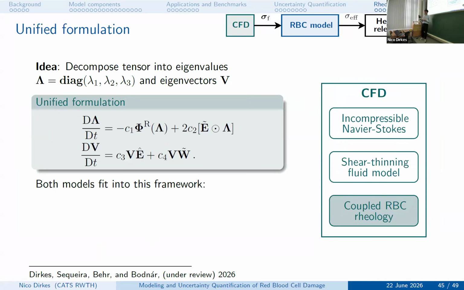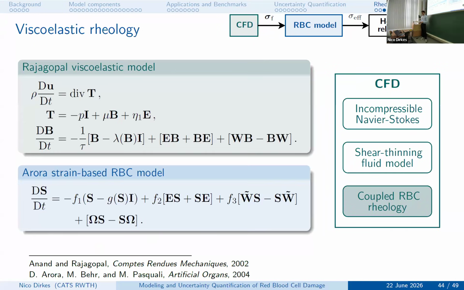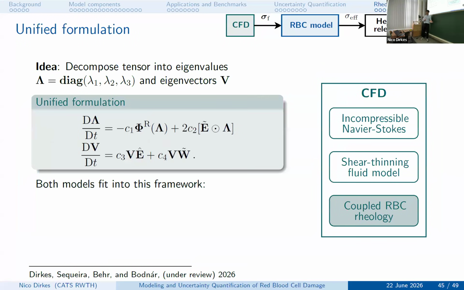So the idea here, what we try to show, is that these models can in fact be written in a unified form. So we decomposed the tensors, this S and the B, into their eigenvalues and eigenvectors, and then rewrote the equations in terms of these eigenvalues and eigenvectors. We get a new set of equations.